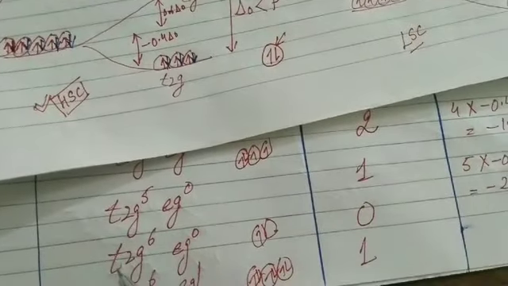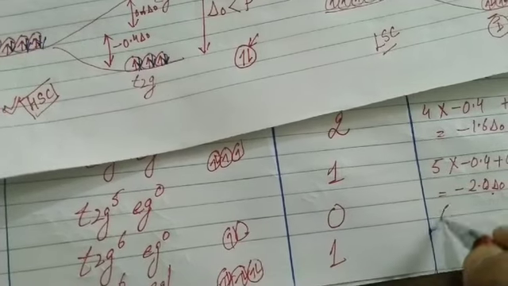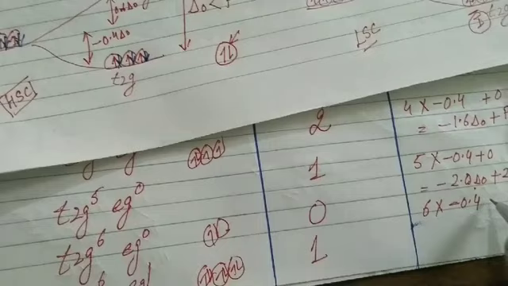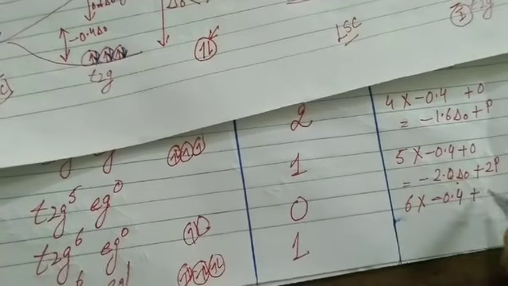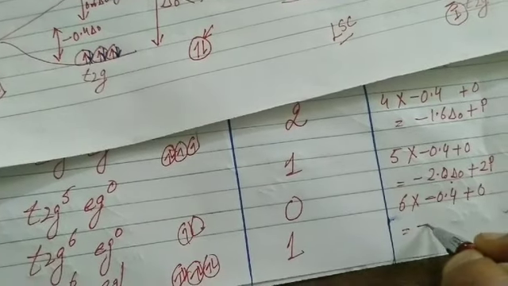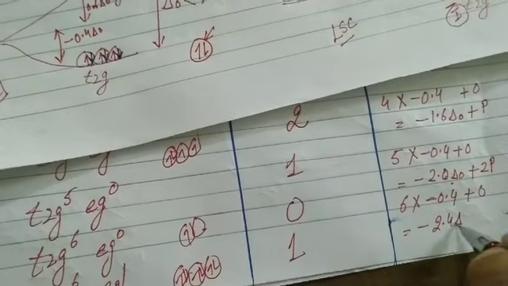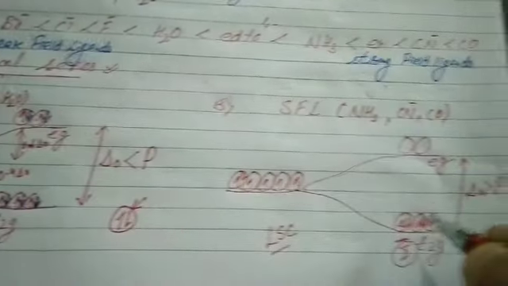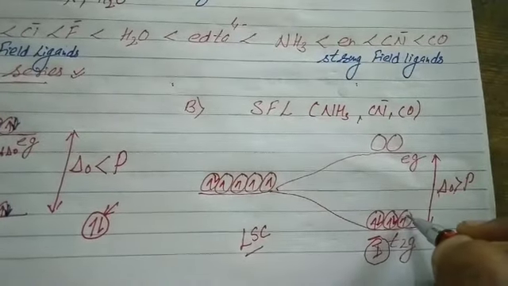Next, students, d6. Again, 6 multiplied by minus 0.4. The eg level is 0, so that is minus 2.4 delta naught. Now please come here. That is your d6 level: 1, 2, 3, 4, 5, 6.